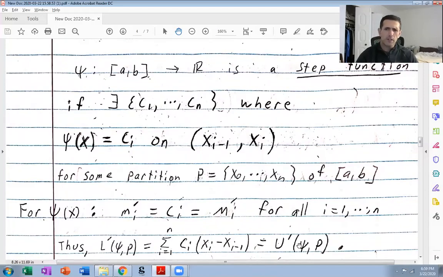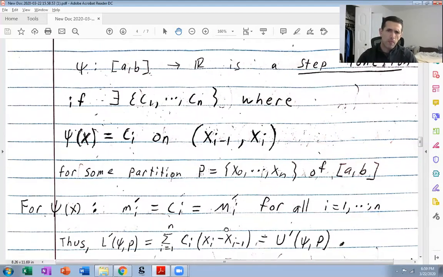The definition of the modified upper Riemann sum is basically this sum, except instead of ci, I have Mi prime, but Mi prime is ci. So these two are equal, and I claim that's enough to carefully prove that step functions are Riemann integrable, using what we've discussed previously.